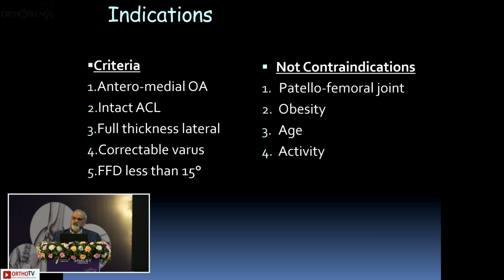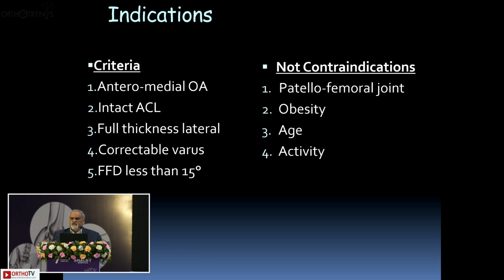With UKR, it's very difficult to correct flexion deformity. So whatever flexion deformity is there will remain, and it will stretch out gradually over a period of time. And 15 degrees is possibly the limit beyond which it's not possible for that deformity to correct.